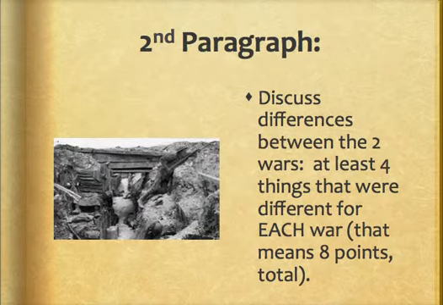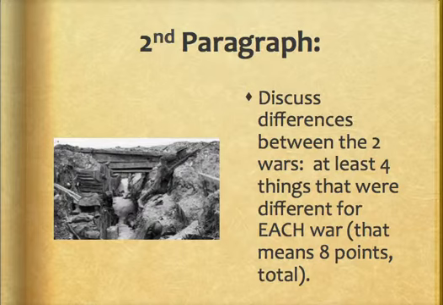In your second paragraph, you are going to discuss differences between the two wars. So you're going to discuss actually differences in the causes of the two wars. You're going to write at least 4 things that were different for each war. That means 8 points total.